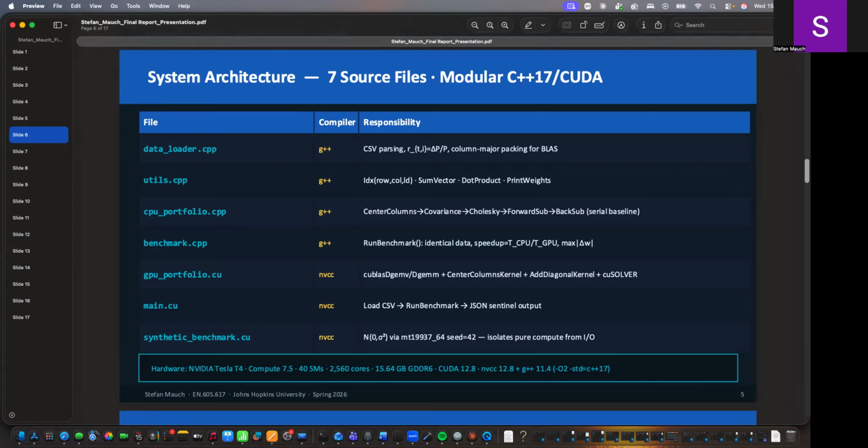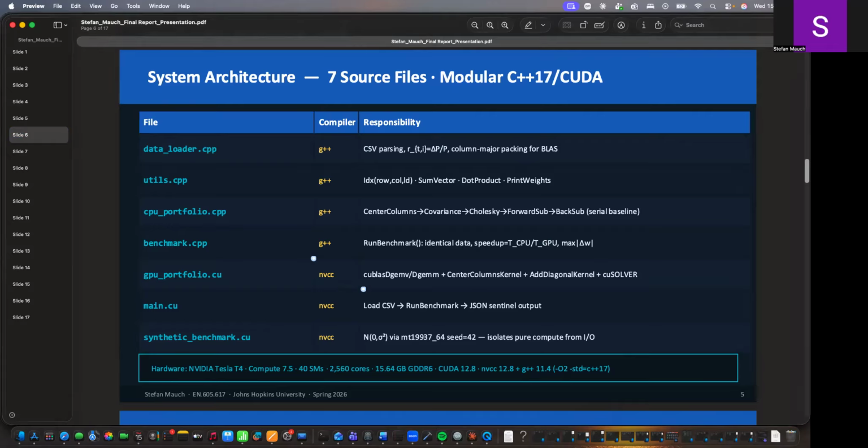And then we have the GPU portfolio that mirrors the CPU solver by calling cuBLAS and cuSOLVER. Same math as said before, different hardware. Then the benchmark calculates speedup times, compares them against each other, and calculates overall overheads.